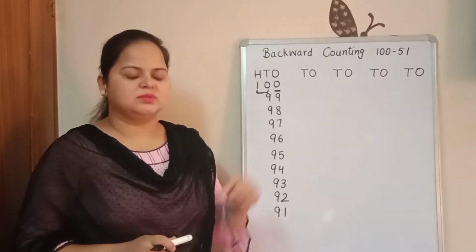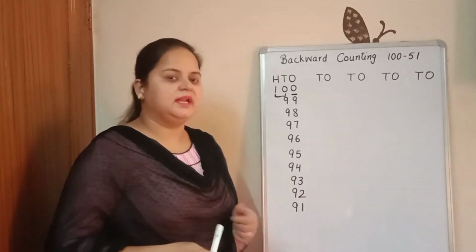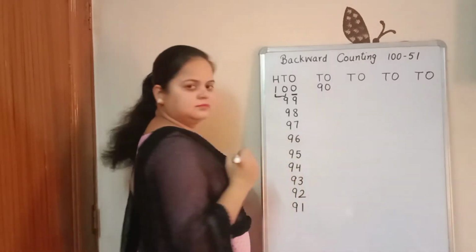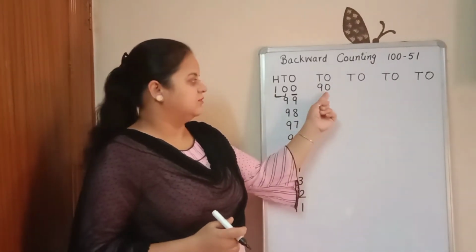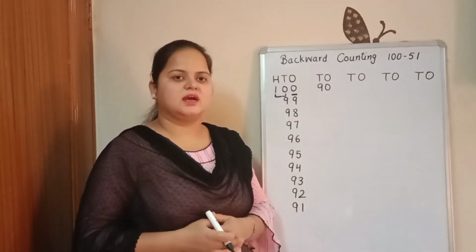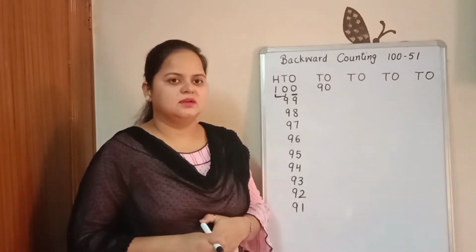Okay, let's start from the next line. And the next line will start from 90. Okay, again, you all know what comes below 0. 0 के नीचे क्या आएगा यहाँ पर in backward counting? Yes.